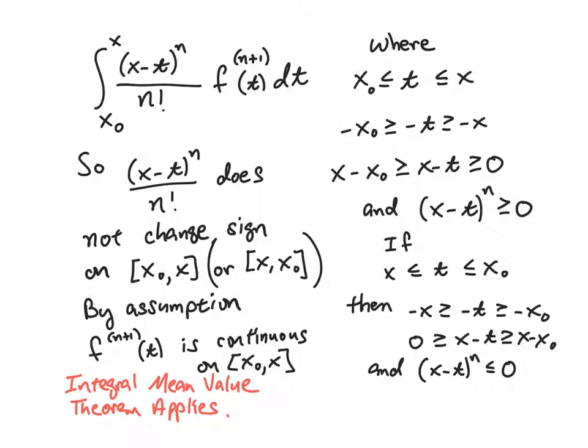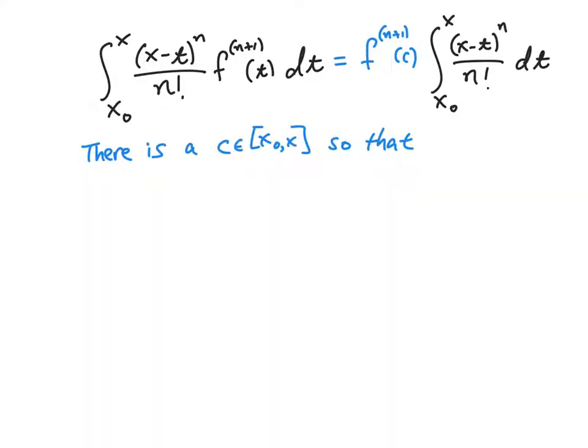So let's use it. Now we have that this term does not change sign. This term is continuous, so that means there exists a c in this interval from x naught to x, so that we get this expression.